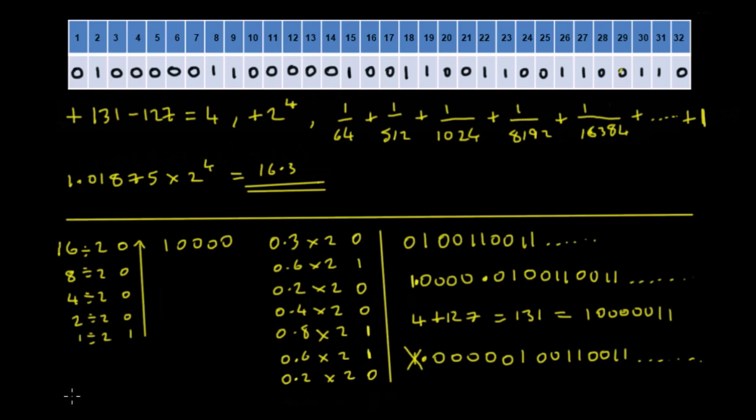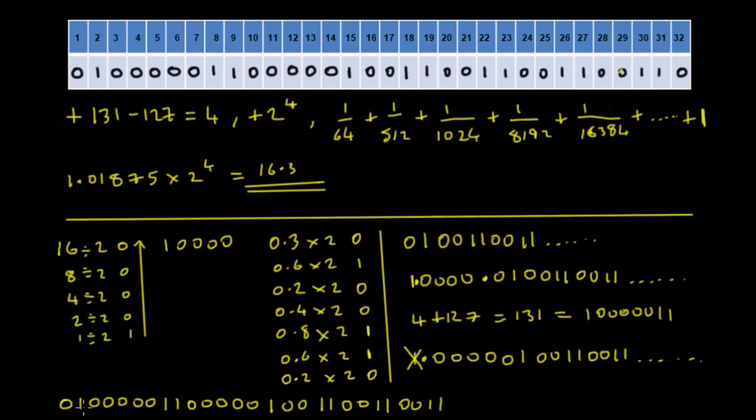So we're going to have 0 for the sign, and for the exponent we're going to have our 1 with our 5 zeros, 4, 5, and the 1, 1. Then the mantissa part here is going to be 1, 2, 3, 4, 5 zeros, and it's going to be a 1, and then it's going to start that repeating pattern of 0, 0, 1, 1, 0, 0, 1, 1, 0, 0, 1, 1, and it's going to do it for 32 bits.